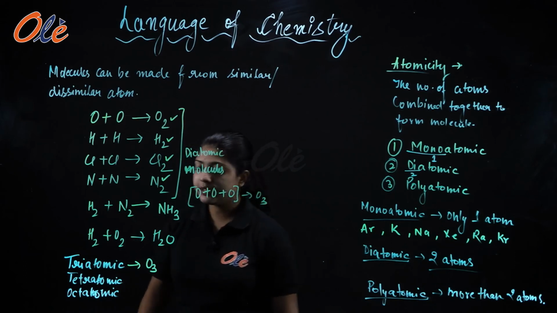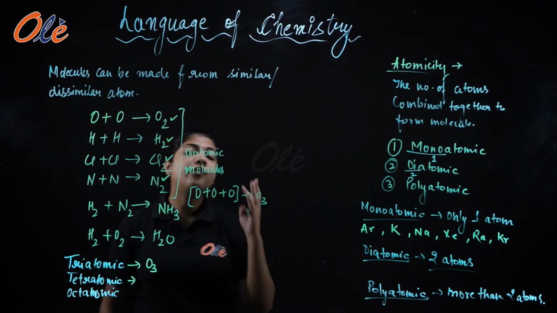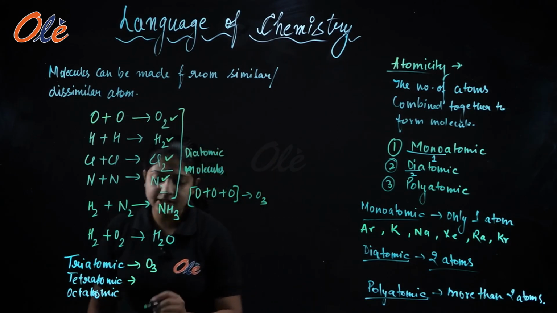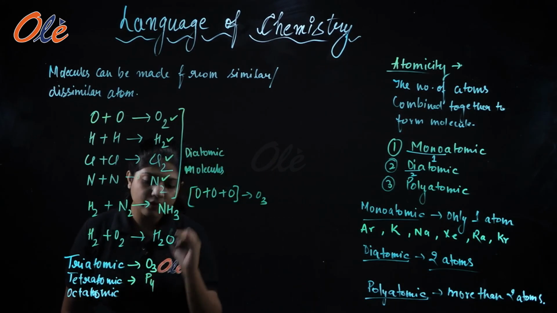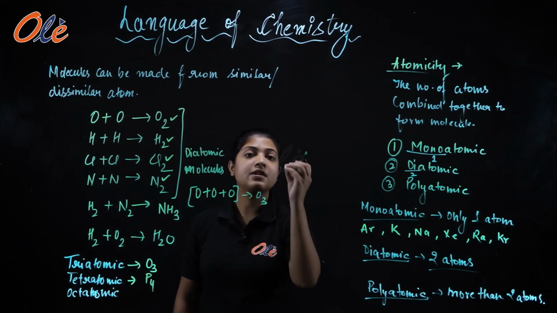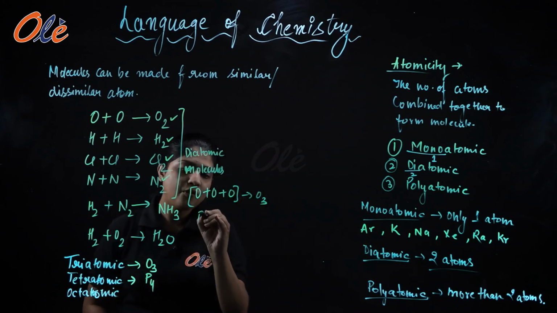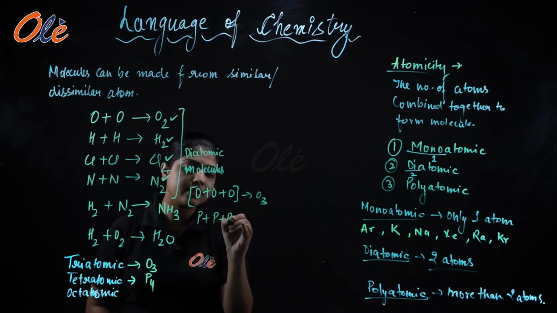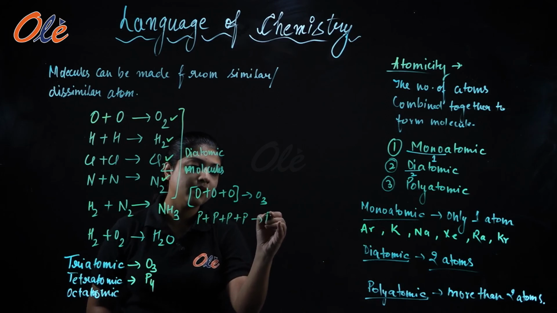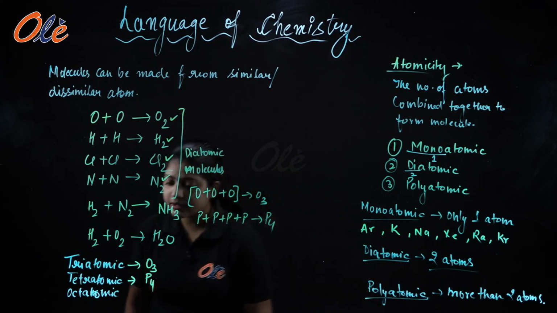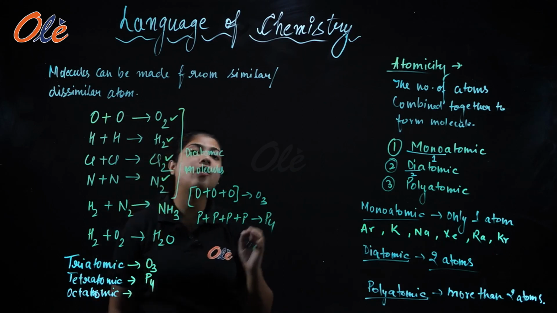In case of tetraatomic, that means 4 atoms are required to form a molecule. Here the example can be phosphorus, because the phosphorus molecule is known as P4. That means 4 atoms of phosphorus are required to form one molecule of phosphorus. Now in case of octatomic, octa means 8.